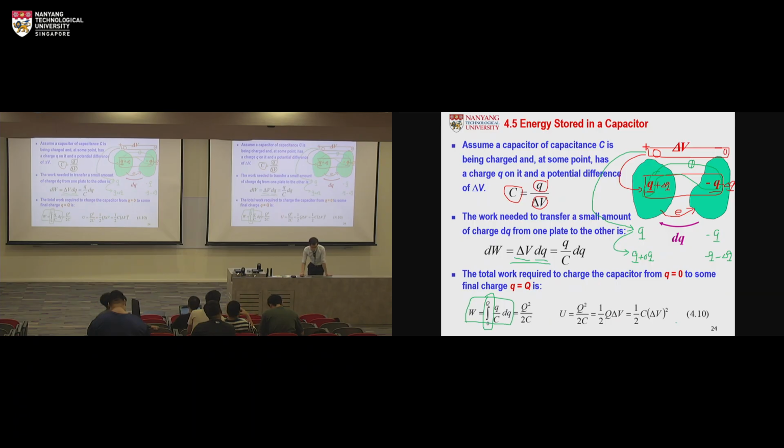So finally, you will have this formula. Again, for these slides, we discussed briefly, it's just to give you an idea of where the energy accumulated in a capacitor comes from. You don't need to do any calculation for this.